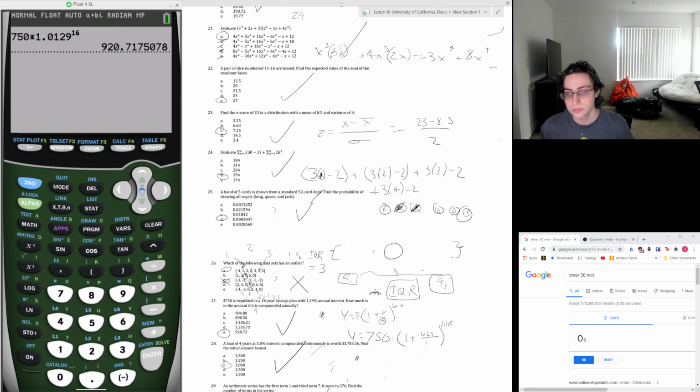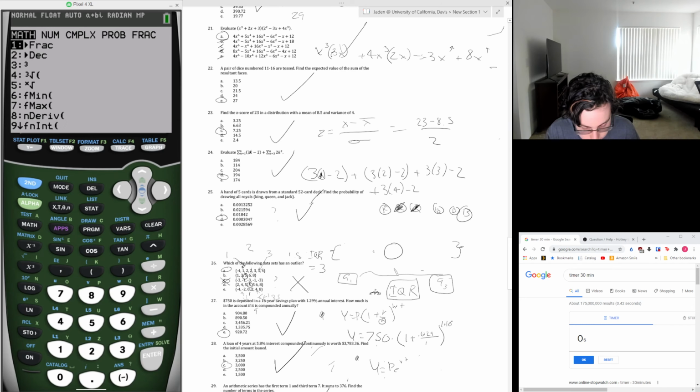Okay. A loan of 4 years at 5.8% interest compounded continuously is worth $3783.36. Find the initial amount loaned. For this, y is equal to P times e to the rt. I'm going to go into the numeric solver for this because I don't feel like doing math.